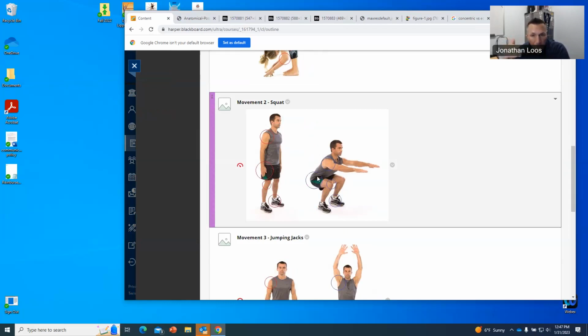Gravity was pulling on the body mass all fine. I didn't need any extra help, which means that I had something in opposition active during that time. So although I see the joint action of ankle dorsiflexion, knee flexion, hip flexion, it's actually the hip extensors, knee extensors, and ankle plantar flexors that are working to slow me down.